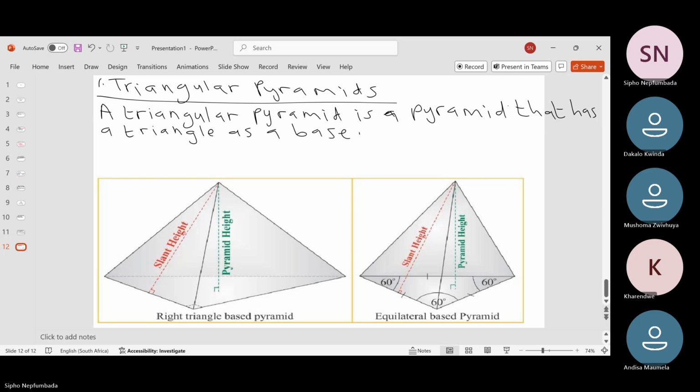So in grade 10, you will deal with the right angle triangle base pyramid and equilateral base pyramid. This is what has been shown on the bottom line. Are we fine? Yes, sir. So can we proceed?